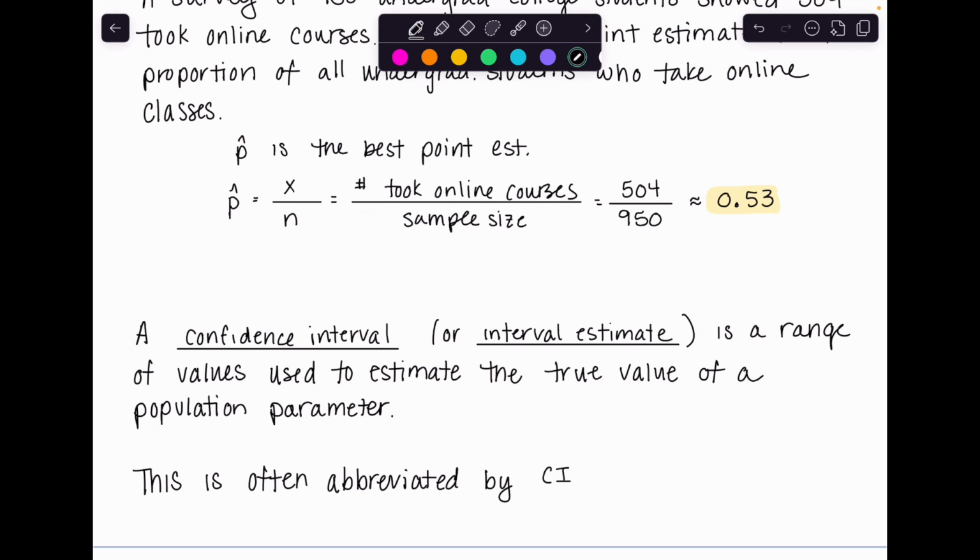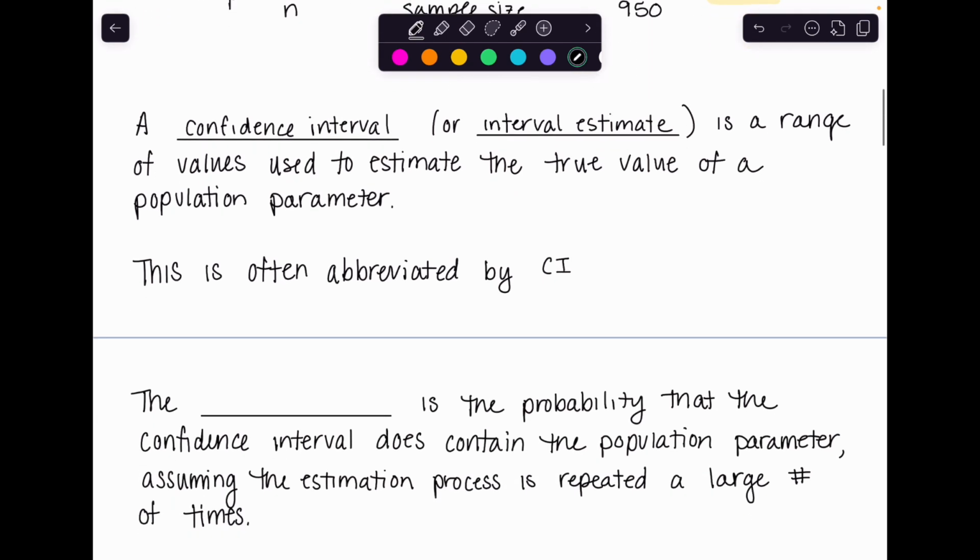Now there's actually different types of confidence as well, and that's what our confidence level is. So the confidence level is the probability that the confidence interval does contain the population parameter, assuming that your estimation process is repeated a large number of times.